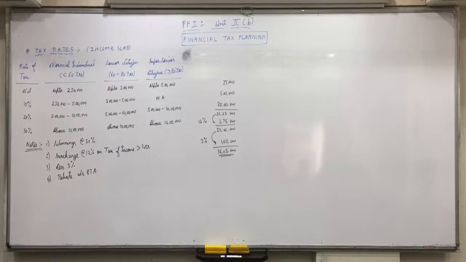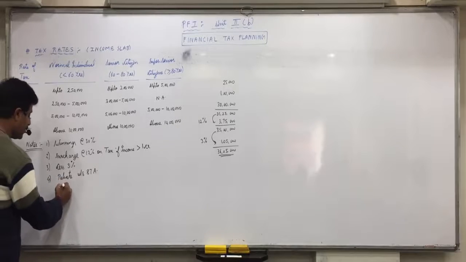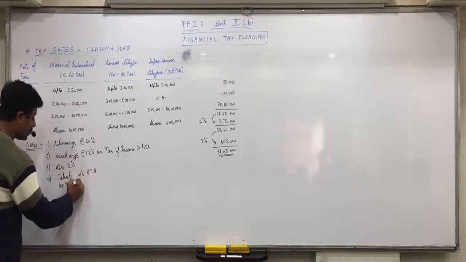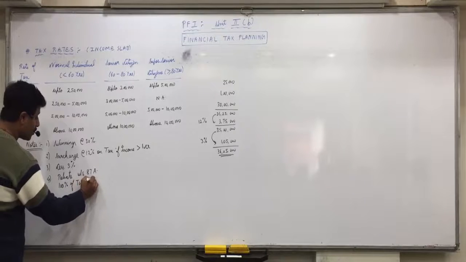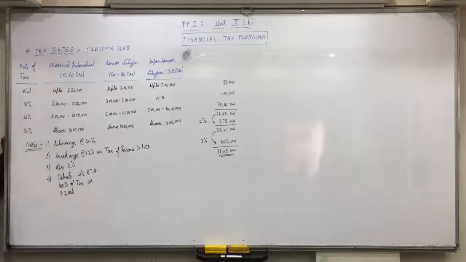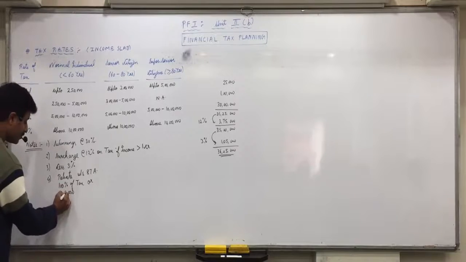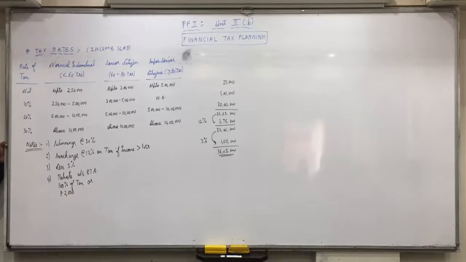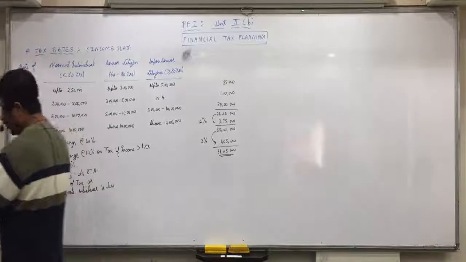If your income is up to rupees 5 lakhs, you will get rebate under 87A. First of all, rebate is 100% of tax or rupees 2,000, whichever is less. Yes, then further write down.